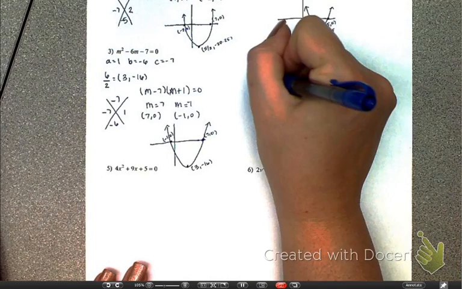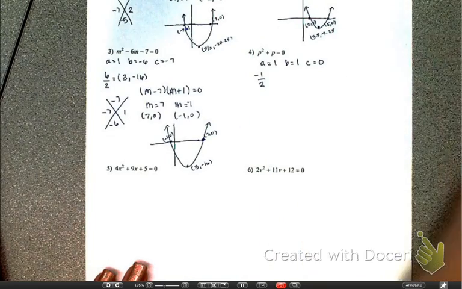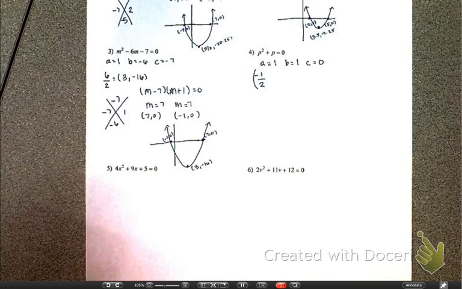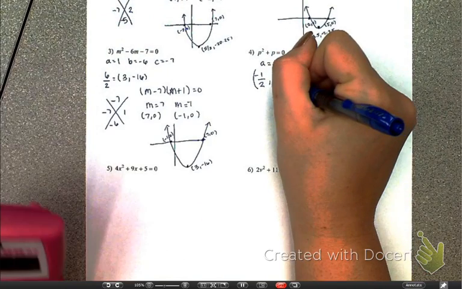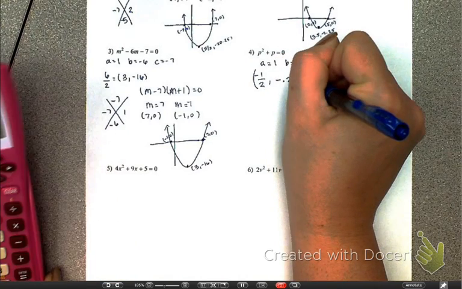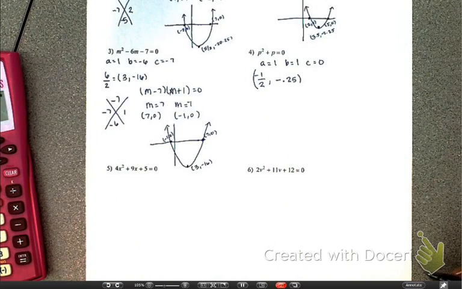So B is negative over 2 times A. So the x value of your vertex is negative 1/2. And again, I'm going to plug that into my calculator. So negative 0.5 squared minus 0.5 gives you a negative 0.25 as your vertex.